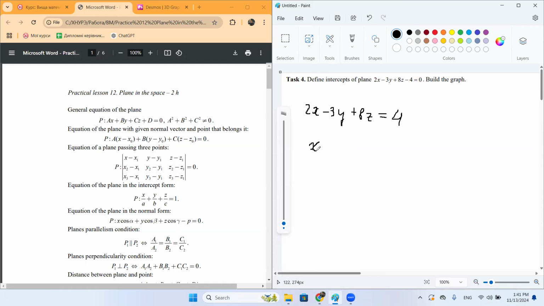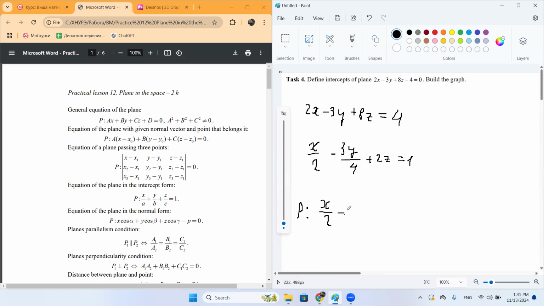So x by 2 minus 3y by 4 plus 2z equals 1. And now let's rewrite to see all intercepts correctly.